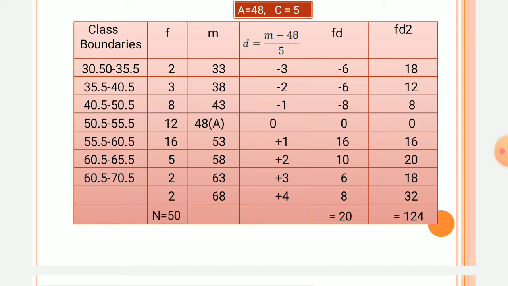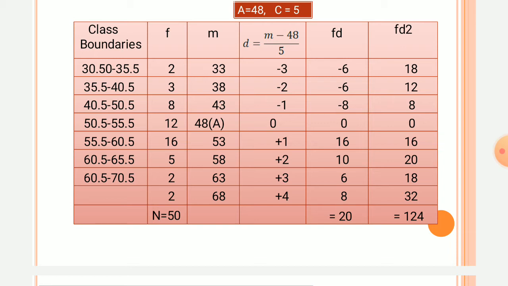Then in the fourth column we have to calculate d. That can be calculated as m or x minus a divided by 5. That is, x or m value minus the assumed value a, divided by 5. Here 48 is taken as the assumed value to make the differences.